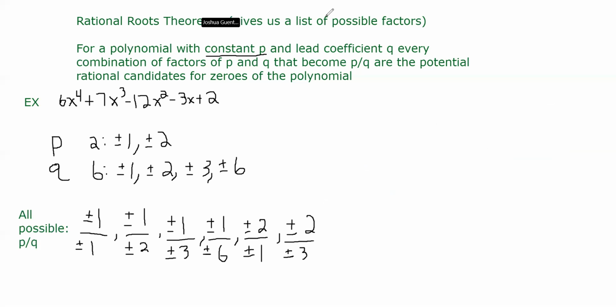And so finally, this list becomes 1 over 1. So it'll become positive 1, negative 1, and I'll just write the negative 1 first. Moving down the line, negative 1/2, positive 1/2. Negative 1/3, positive 1/3.